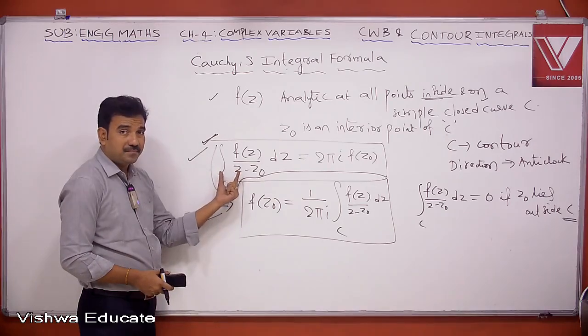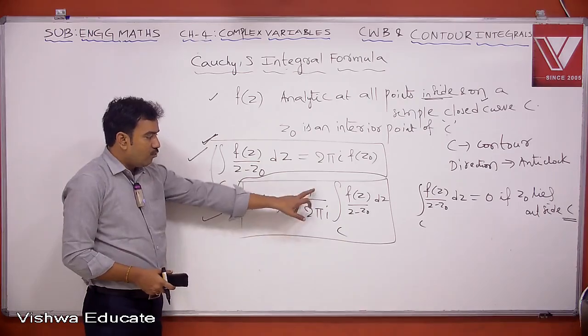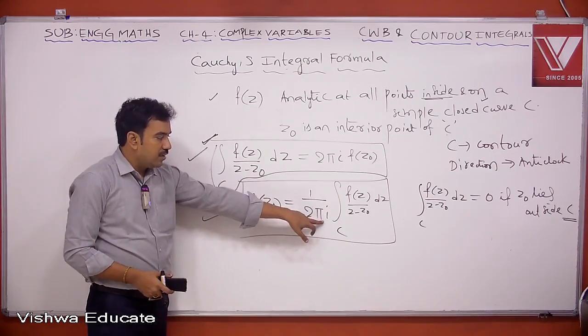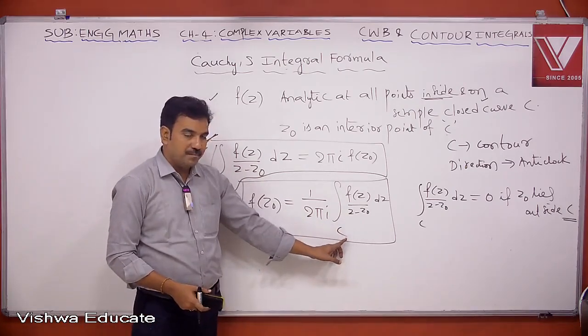Highlight this. This implies f of z naught equals 1 by 2 pi i into integral f of z by z minus z naught dz over C.